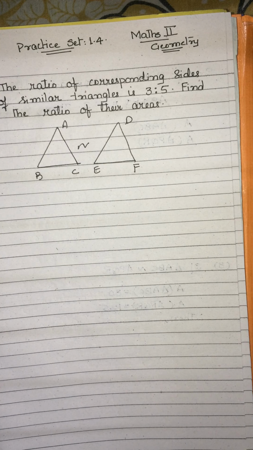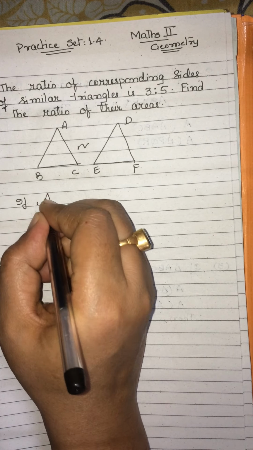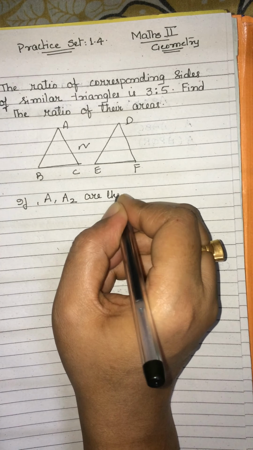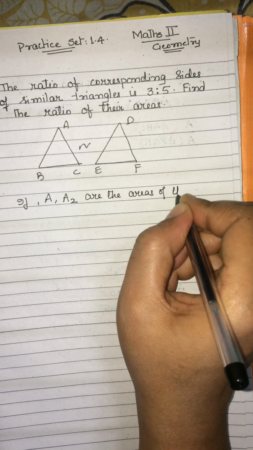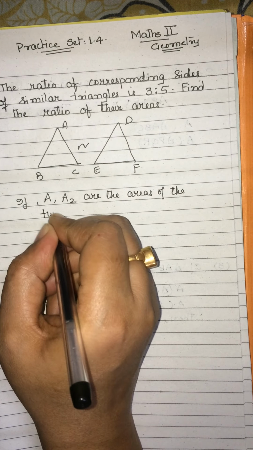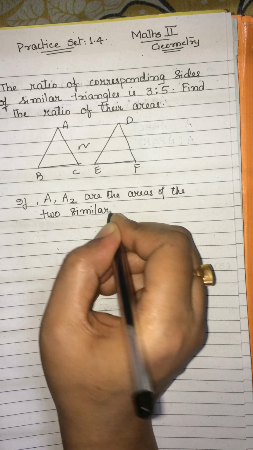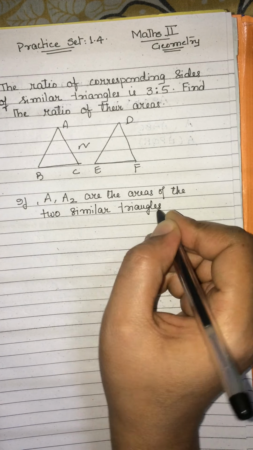Fine. So let us say A1 and A2 are the areas of the two similar triangles, and we have to write these statements, children.